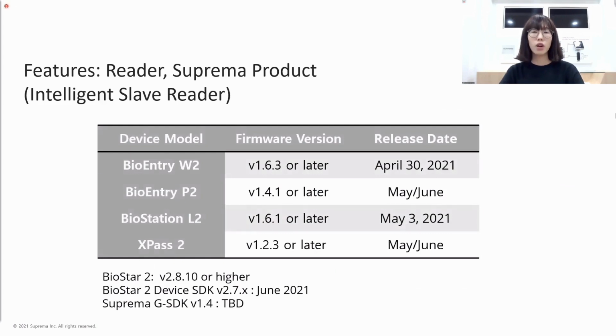Currently, only the following devices are available through the latest firmware. Other models are not scheduled. For reference, the BioStar 2 device SDK and Suprema G SDK will support the related device setting function in the next version.